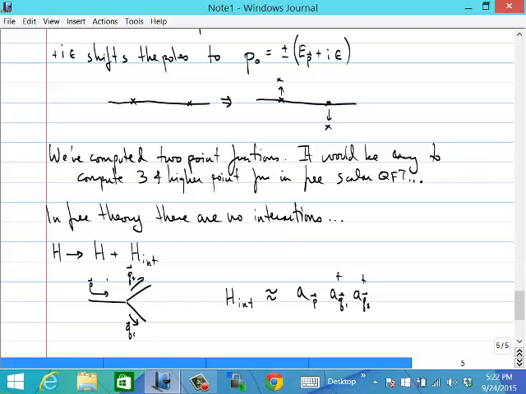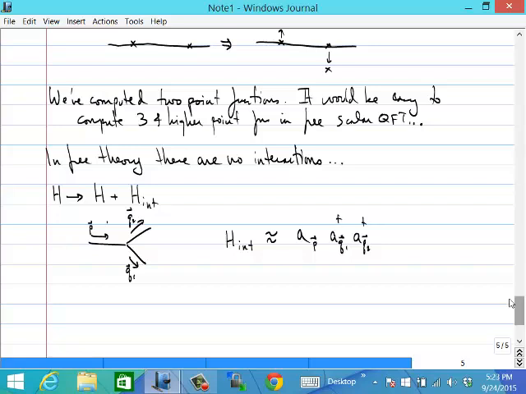So an interaction term that would allow for the creation and destruction of particles, say, some proton undergoing beta decay, or some particle undergoing some decay. You'll need to have terms in your Hamiltonian that are not quadratic in the raising and lowering operators, but are higher order in the raising and lowering operators.